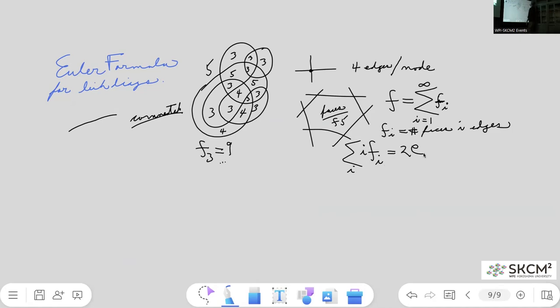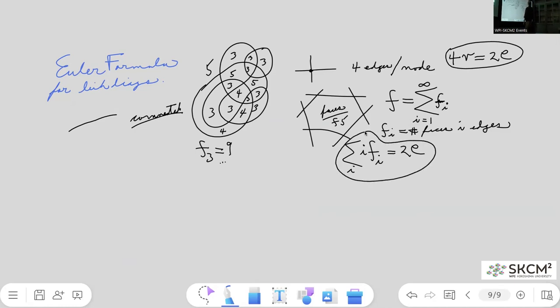We also have 4 times the number of vertices, 4 times the number of nodes, is twice the number of edges for the same reason. Every edge will get counted twice. So we have these 2 basic formulas that are going to be true for these kinds of diagrams. This, of course, is in general for any graph, but this one is quite specific for these graphs.